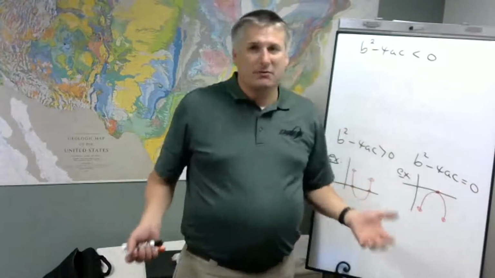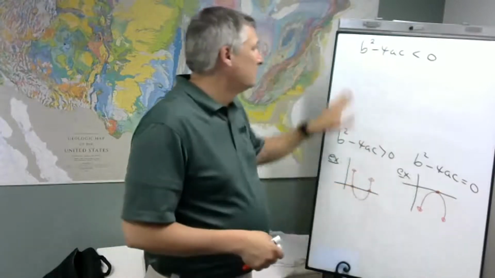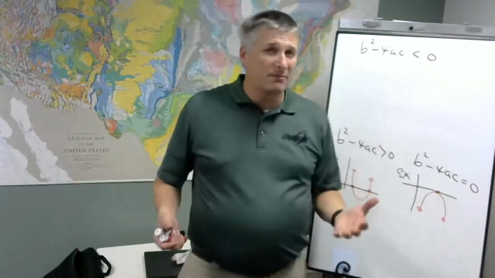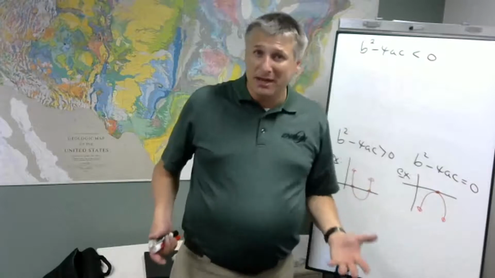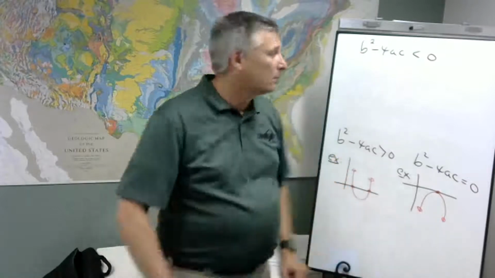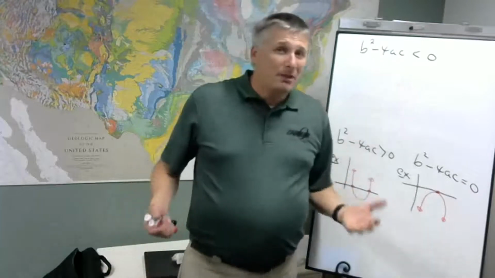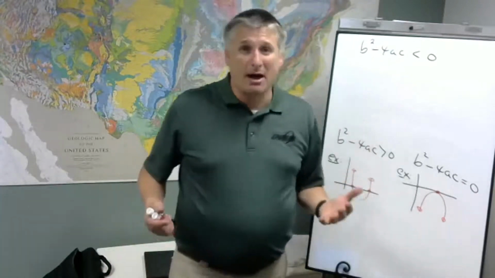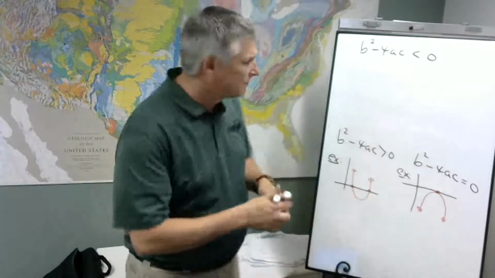And unless we're dealing with imaginary numbers, and for this section, we're not. Since we're not doing anything with imaginary numbers, we can't take the square root of something that's negative. No way. So that means this isn't possible. That means the x-intercepts, they're not possible. That means you have no x-intercepts.